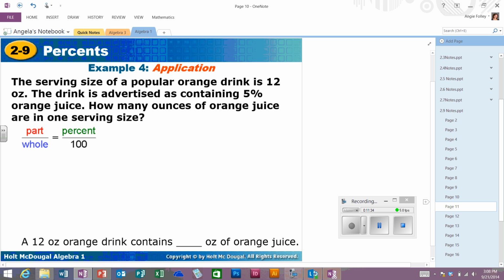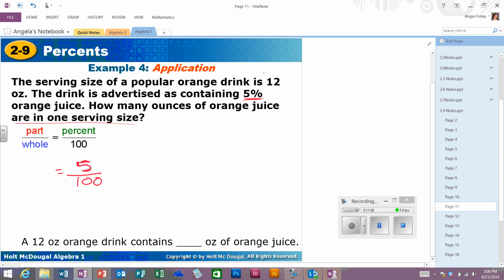Okay, word problem. Pay attention because I know you guys struggle with word problems. The serving size of a popular orange drink is 12 ounces. The drink is advertised as containing 5% orange juice. How many ounces of orange juice are in one serving size? Okay, we know that the 5 is our percent over 100.